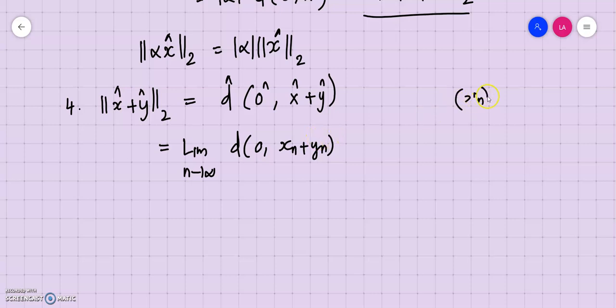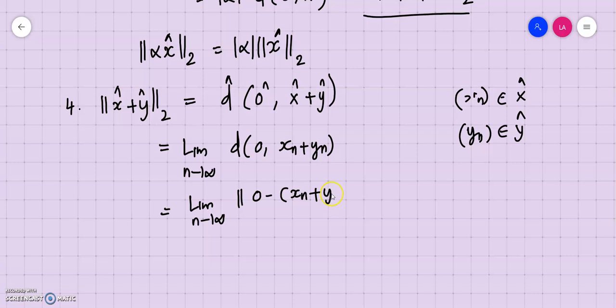So this can also be written as limit n tends to infinity, by definition, norm of 0 minus xn plus yn, which should be equal to limit n tends to infinity norm of xn plus yn, by the simple property of norm. So xn and yn are actually elements in capital X.